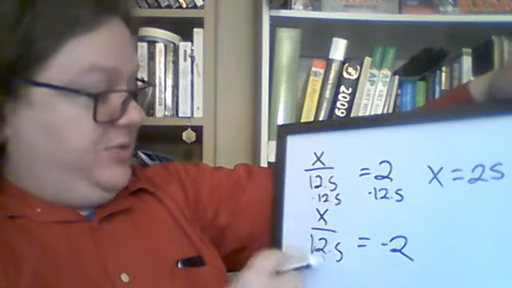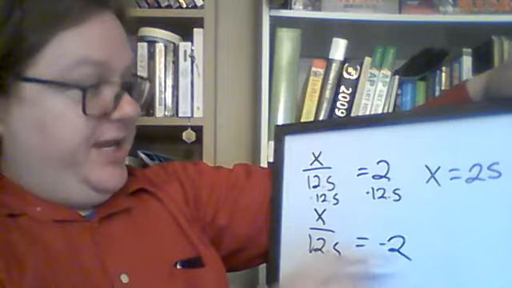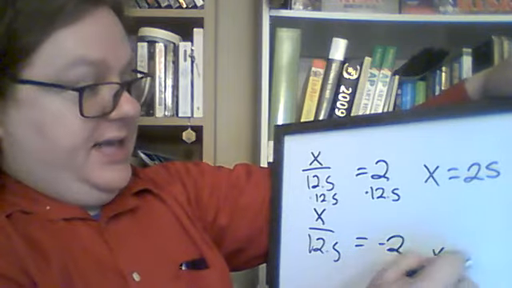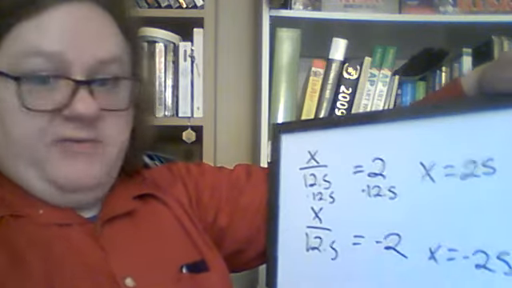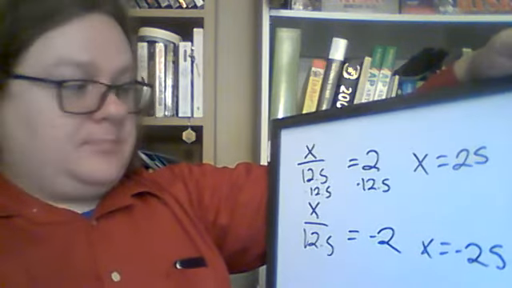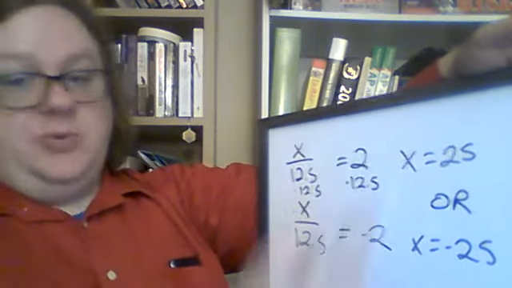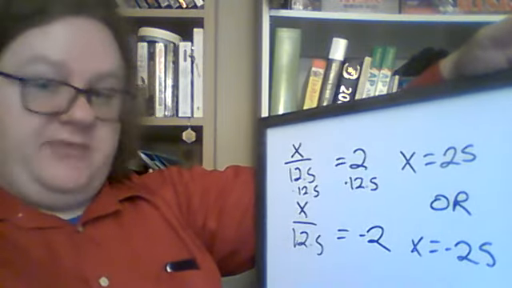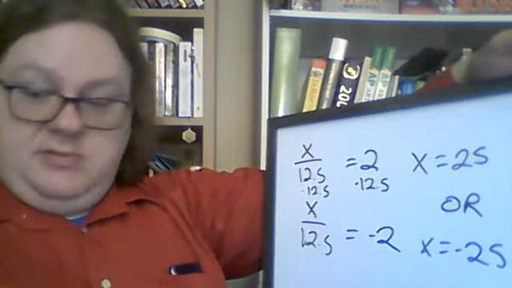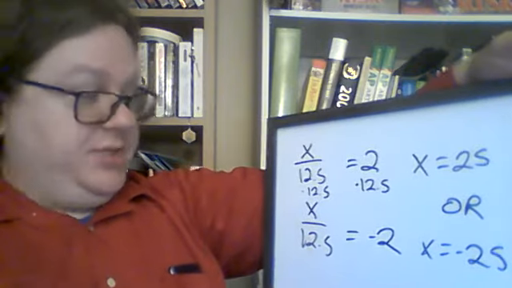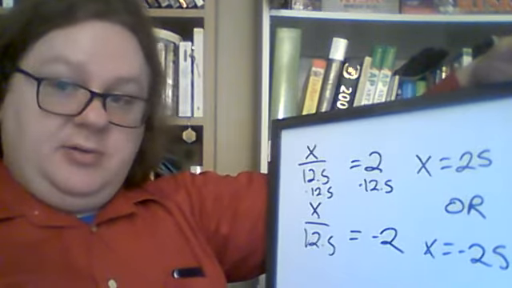It's the exact same problem, but with a negative. So x equals negative 25. And those are our two answers. Either x equals 25 or x equals negative 25. And if you want, you could plug it back into the original equation and test it out.